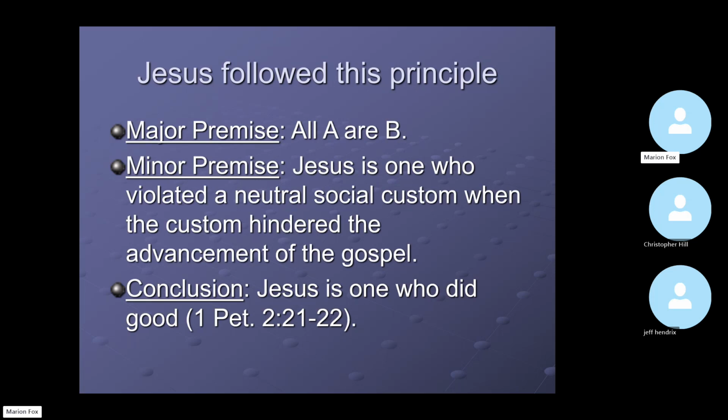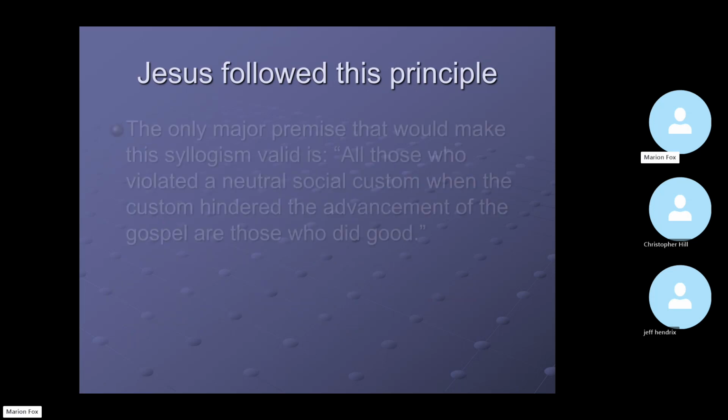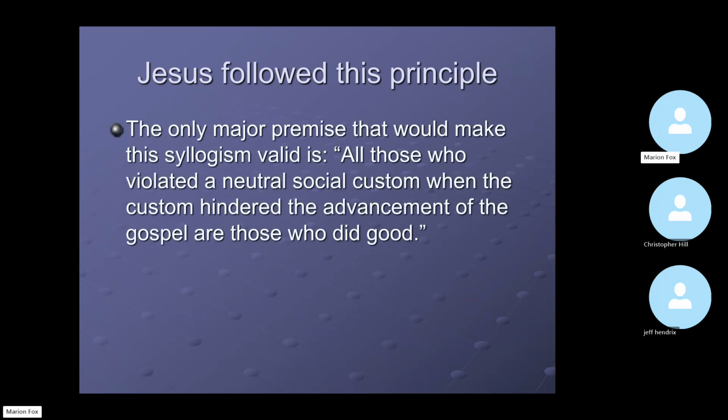Now when we go back into our principles of logic, we can reconstruct that major premise. That's what we're going to do here, with what's called an enthymeme. So the only major premise that would make this syllogism valid, that means properly constructed, is: all those who violated a neutral social custom when the custom hindered the advancement of the gospel are those who did good.